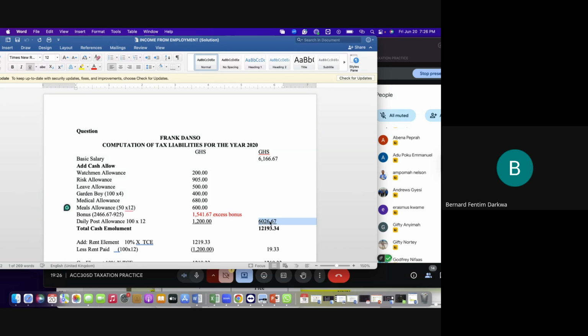Then you add the total cash allowances, which is 6026.67, to the basic salary to get the total cash emoluments.